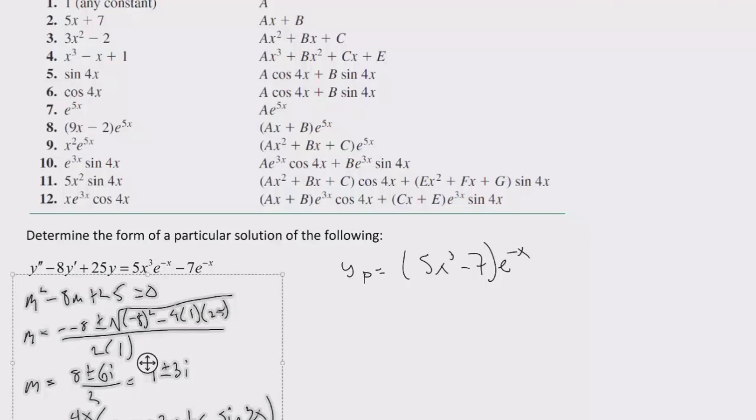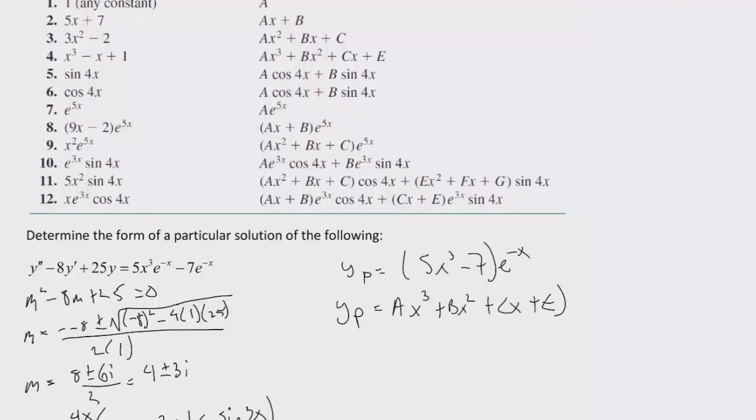So our particular solution that we want to generalize would be a x cubed plus b x squared plus c x plus e, times e to the negative x.